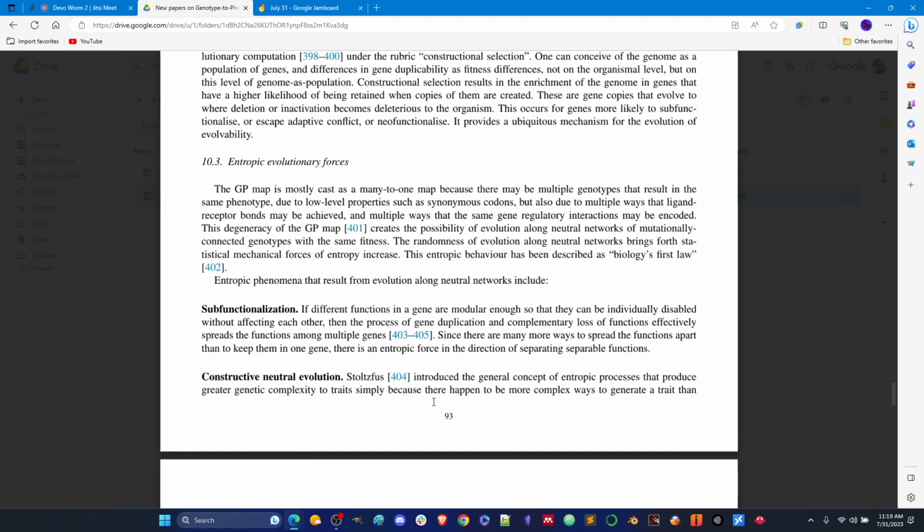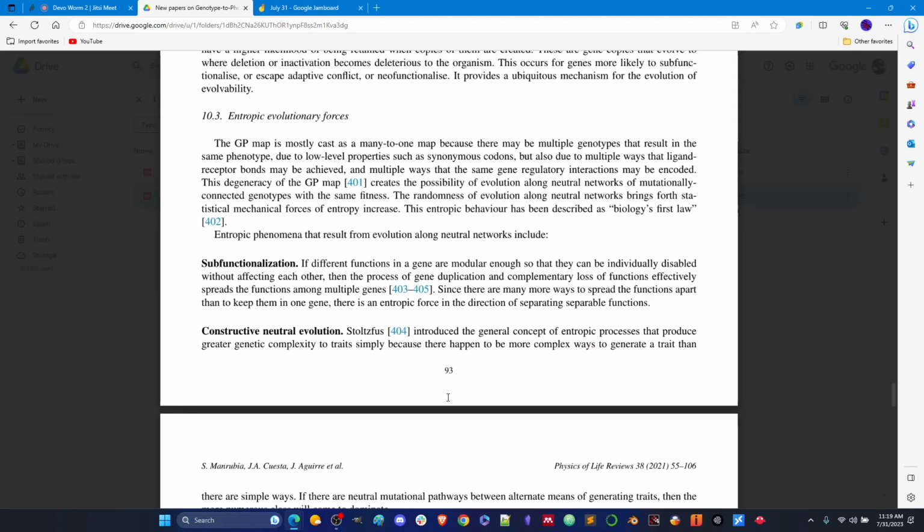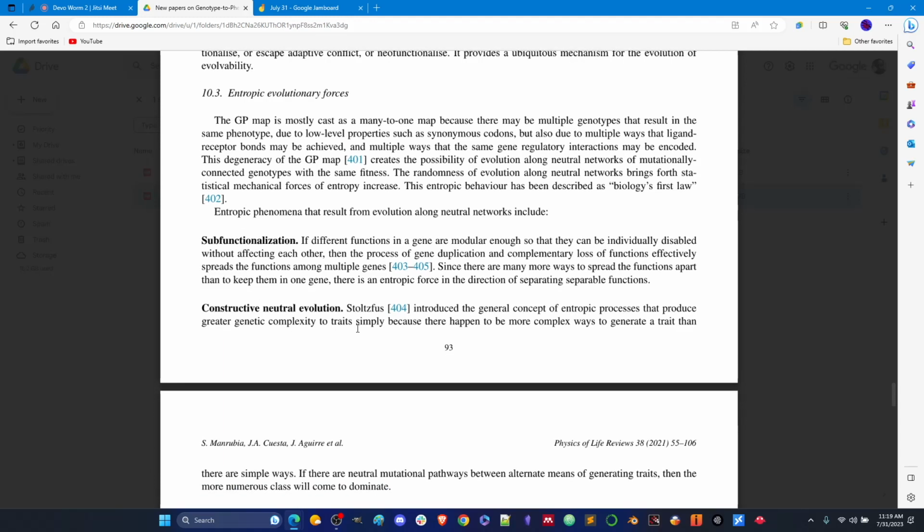And so finally, there are these entropic evolutionary forces. We talked a little bit about information content and entropy in the other paper, but there are different entropic phenomena. This results from evolution along neutral networks. A couple of these are subfunctionalization, where you get different functional modules, and constructive neutral evolution, which is something we talked about.